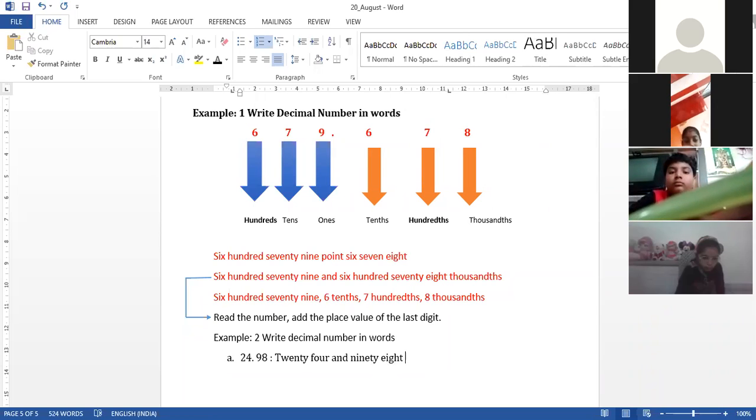After that, I check the last digit is present on which place: the hundredths place. We mention hundredths at the end. So 98 hundredths.